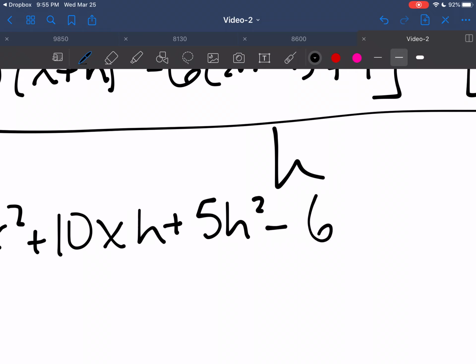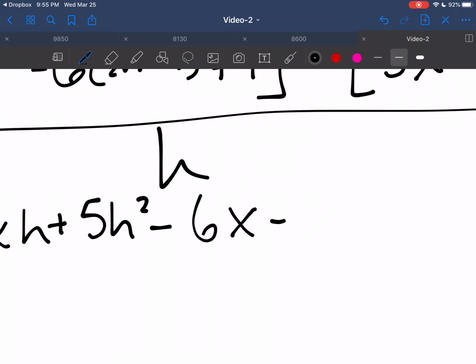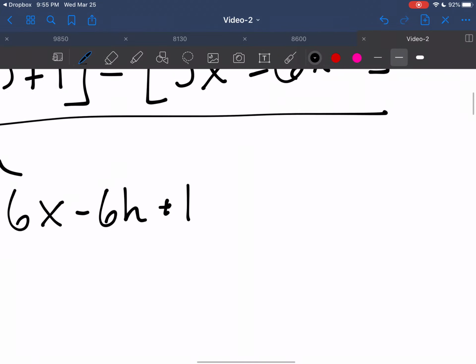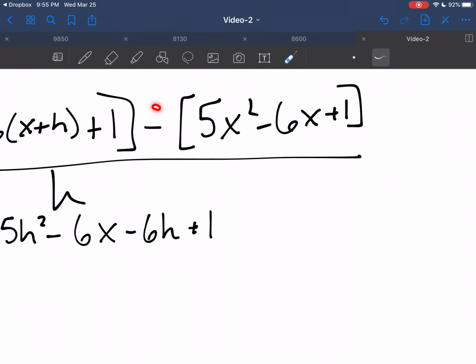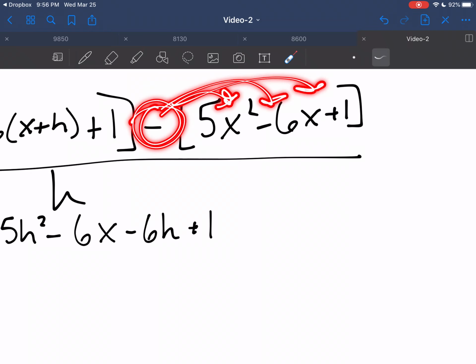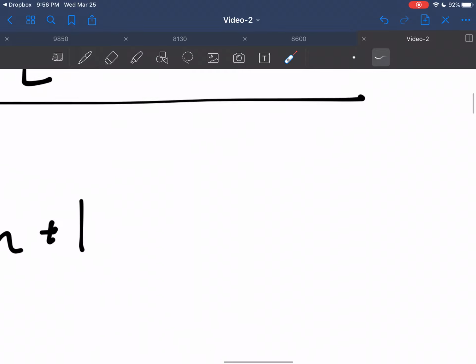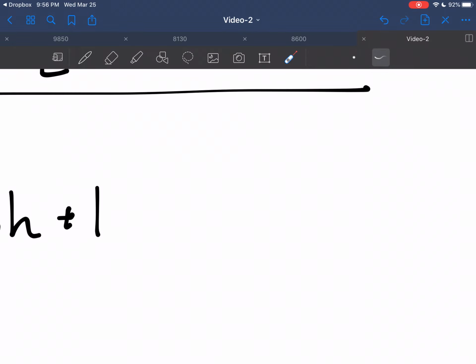Again, this is really similar to the last several sections that we've done. Something to be careful of when we go to simplify: make sure that negative gets distributed to each of the terms in the second function, or your original function.